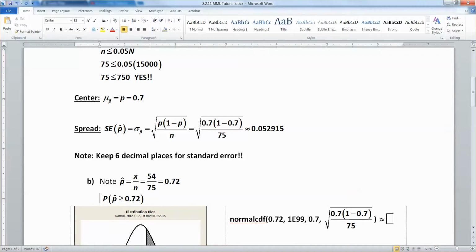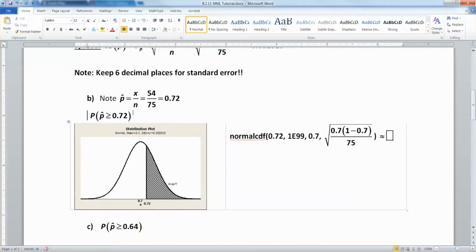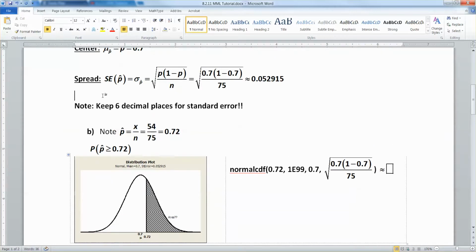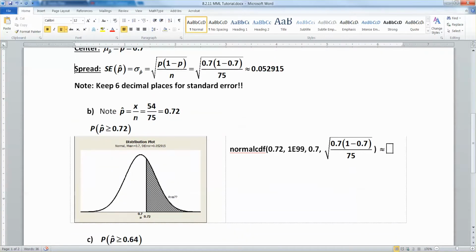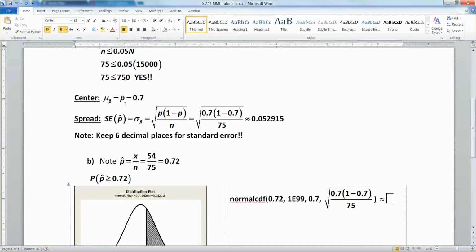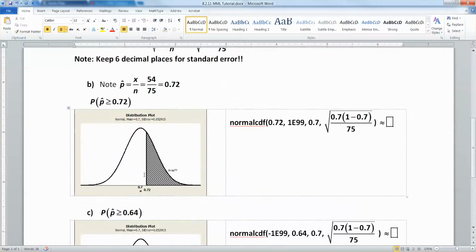All right, so now I'm going to use my normal distribution because I said above that it's normally distributed. So it's a normal curve, so I draw a normal curve. I put a center of 0.7 down because we said in part A that the center was 0.7. Then I put 0.72 a little bit to the right, and I shade to the right.